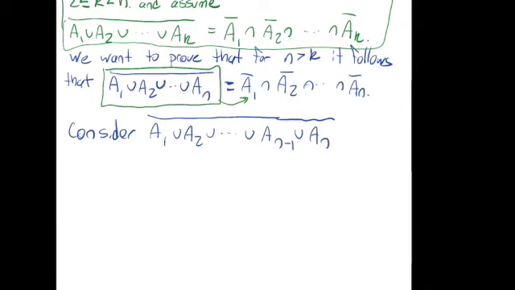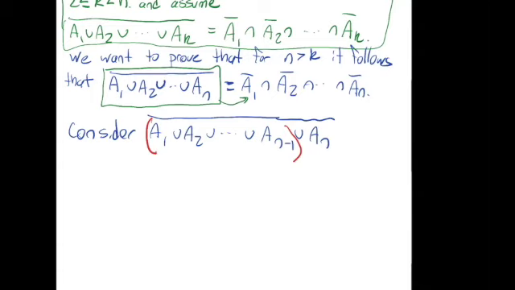You just do the same substituting, so everything up to a of n minus 1 is just a1 complement intersect a2 complement up to a k complement. Careful, because this is still trapped underneath this complement over here.